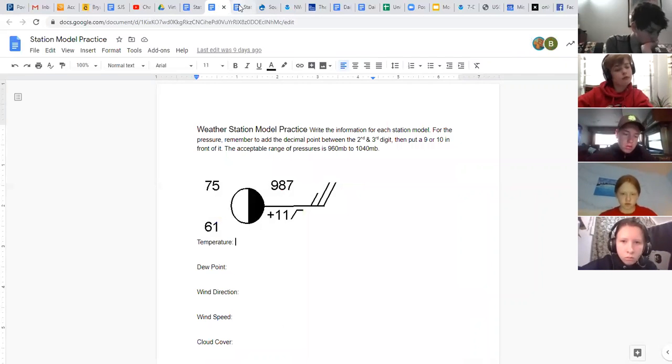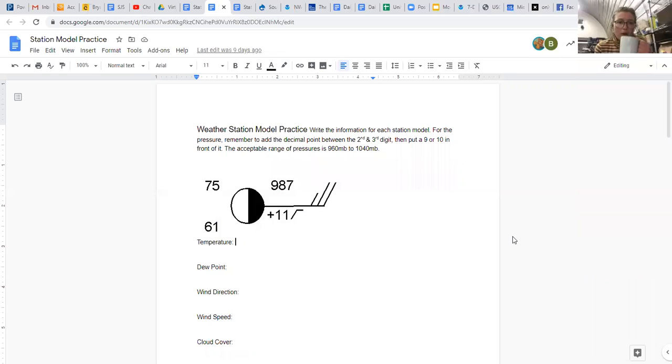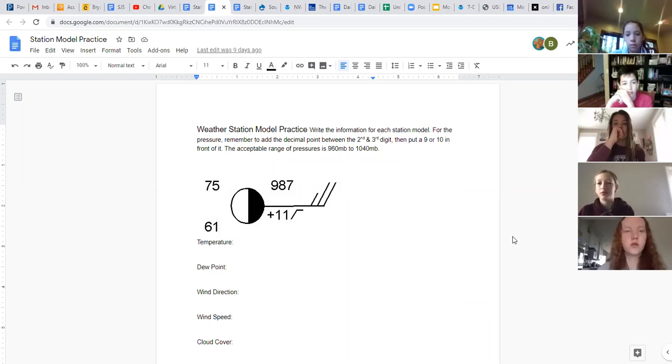Wind direction. A couple of us struggled with wind direction. This main flag, I'll call it a flagpole or a flag, this main flag here points to where the wind is coming from. So it's like a compass needle pointing which way you're going.